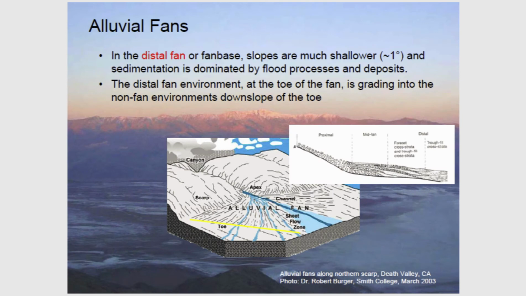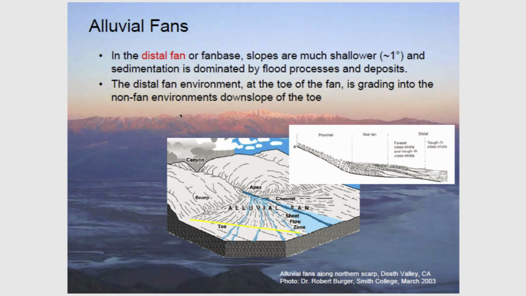The distal fan has even finer fractions, and we get more complex cross stratification. So in the distal fan or fan base, the slope will be much smaller, less than 1 degree, and the sedimentation is dominated by these flow processes, so mostly laminar flows of the main channel system.